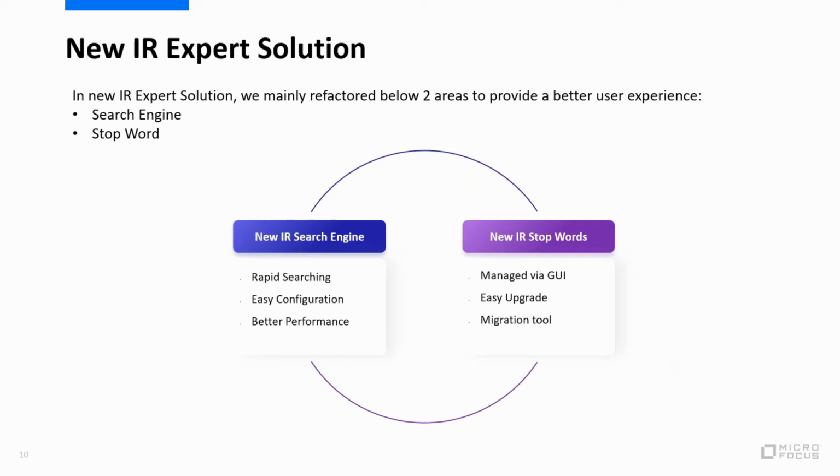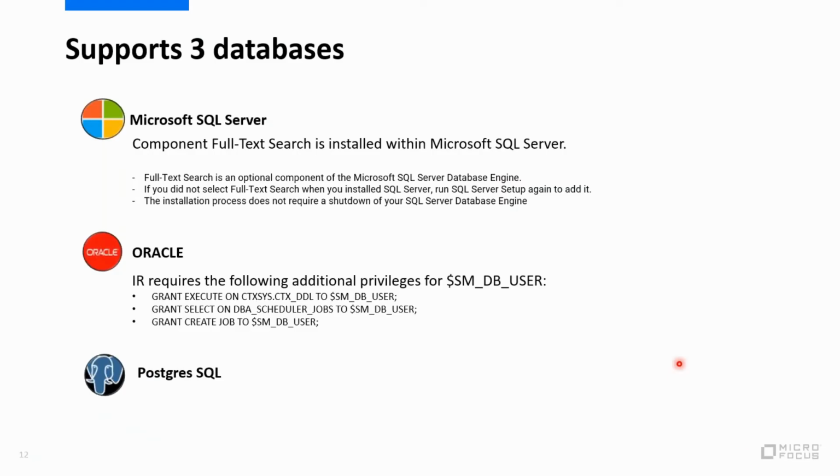So we first check the search engine. We now support 3 databases to do the IR search: SQL Server, Oracle, and PostgreSQL. For Microsoft SQL Server, we leverage the full text search component.